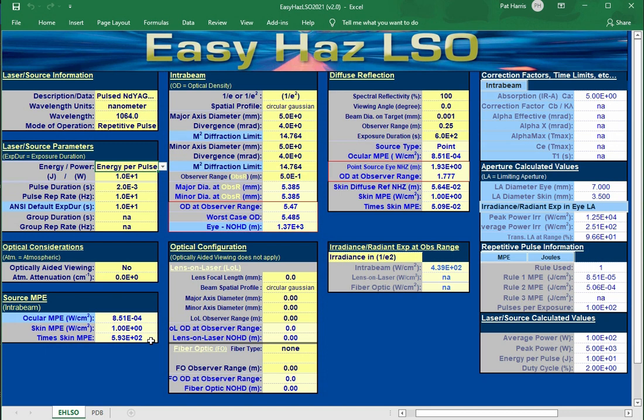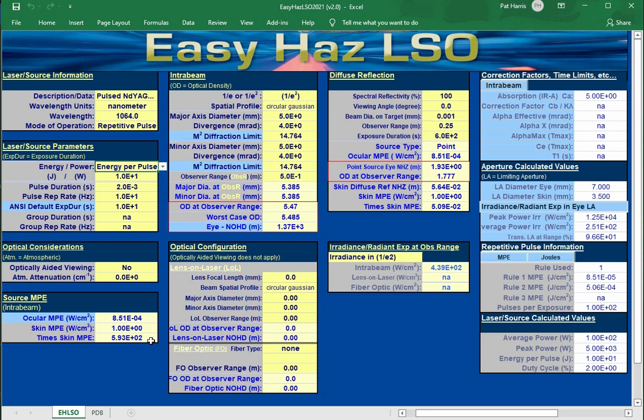Again, if you haven't heard this already, 1064 penetrates the deepest, so you can get up to a 5 millimeter penetration into the skin. Of course, you're absorbing in a larger volume, so you don't get quite as much of a reaction to the same power level as if you were absorbing right on the surface.